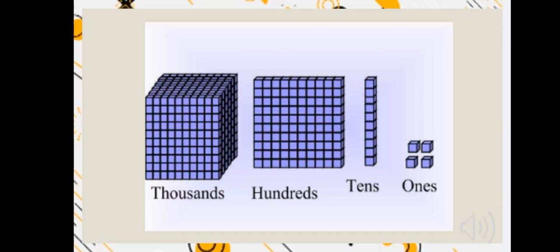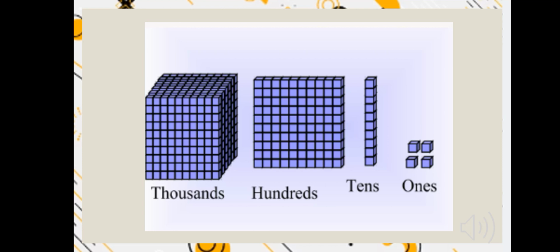Now this picture is going to help you memorize all the place values. Starting from your right, you can see that some blocks are shown to depict each place value. For example, one block will be called ones.